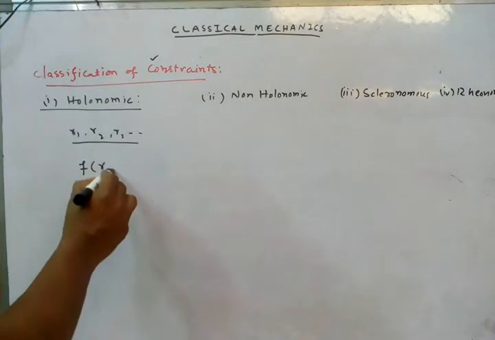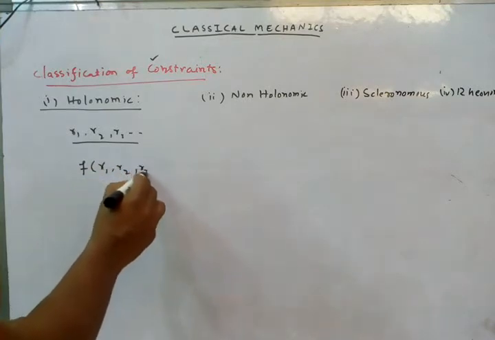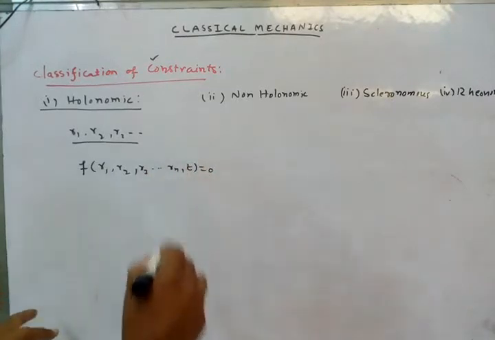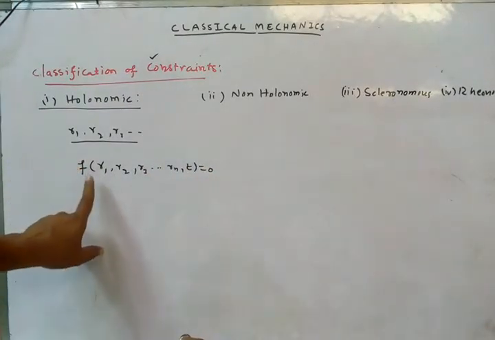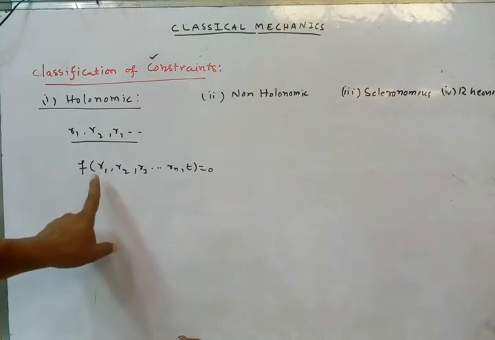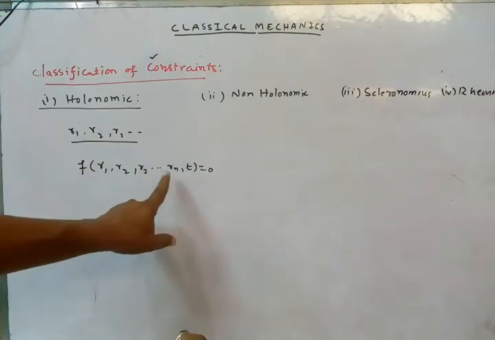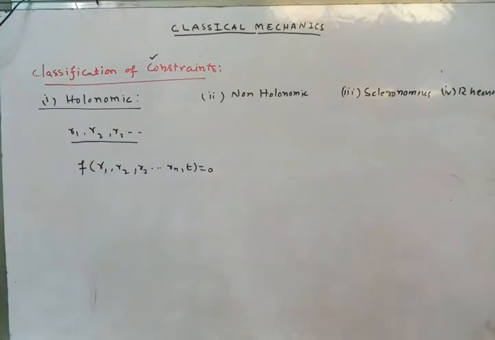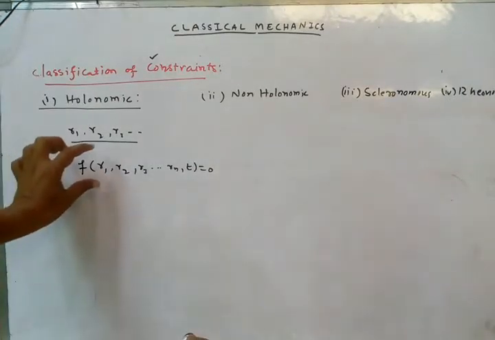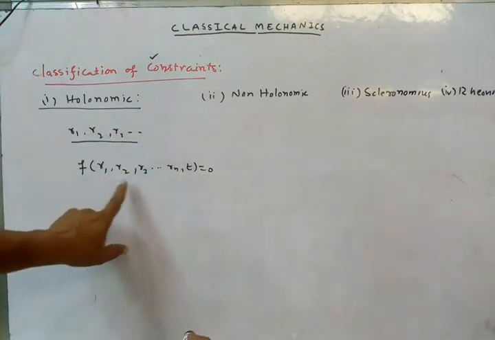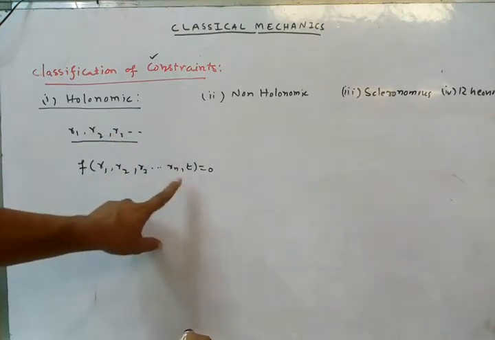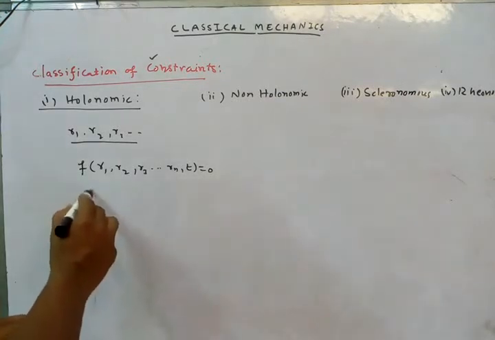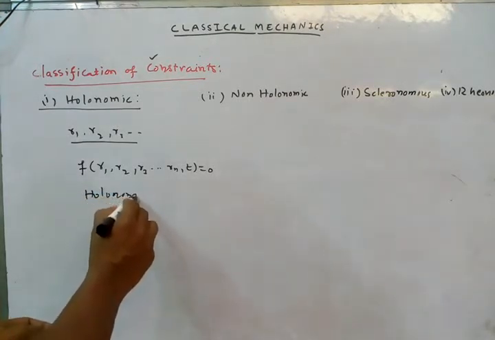If we see the function that depends on r1, r2, r3 up to rn, comma t, equal to 0. If the conditions of all the constraints are expressed like this, the constraints are said to be holonomic.